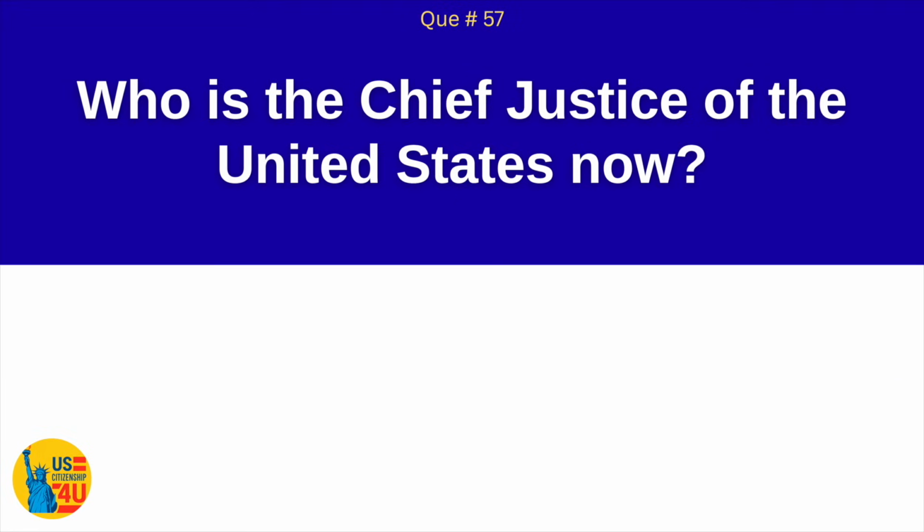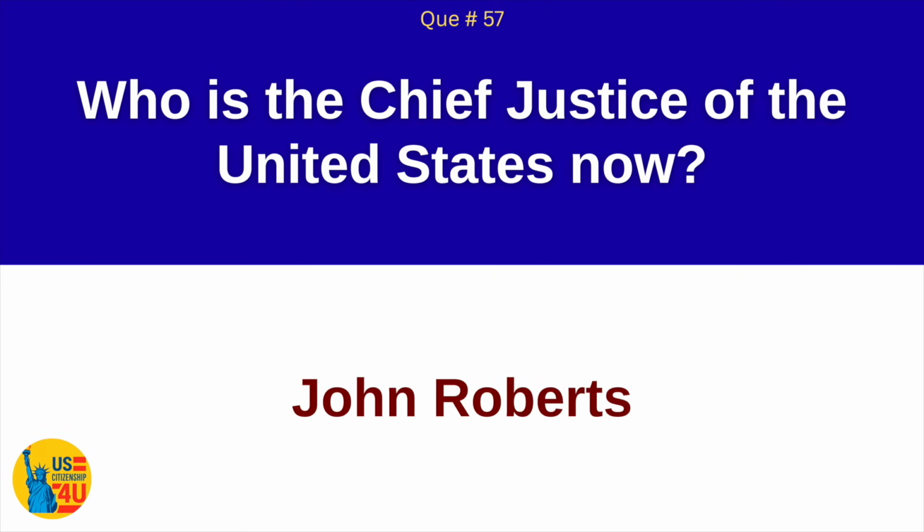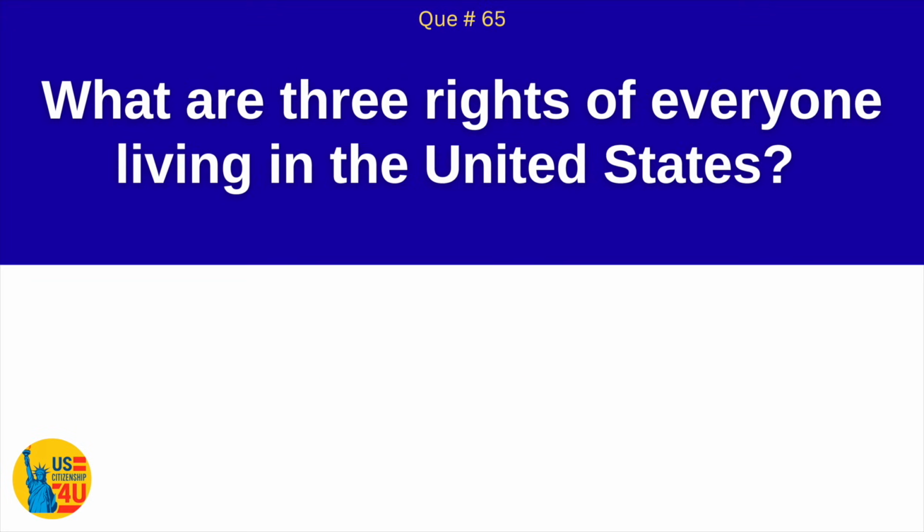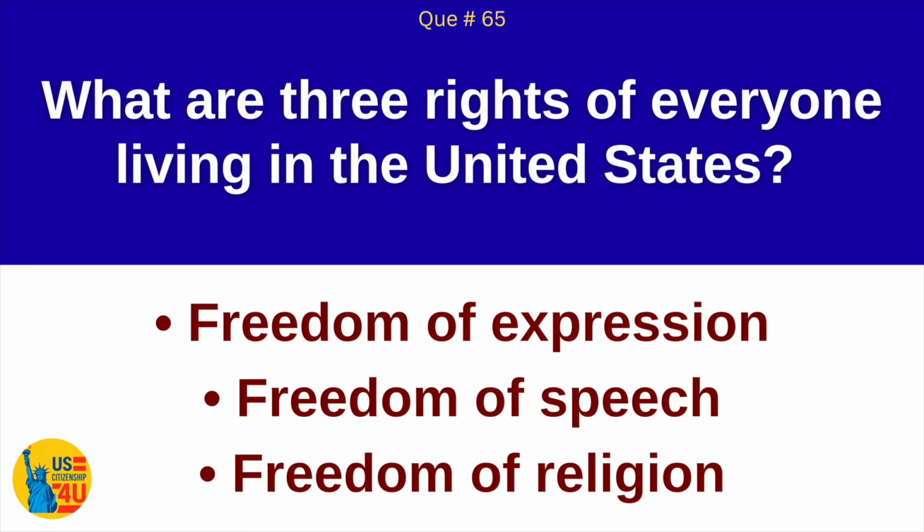Who is the Chief Justice of the United States now? John Roberts. What are 3 rights of everyone living in the United States? Freedom of expression. Freedom of speech. Freedom of religion.